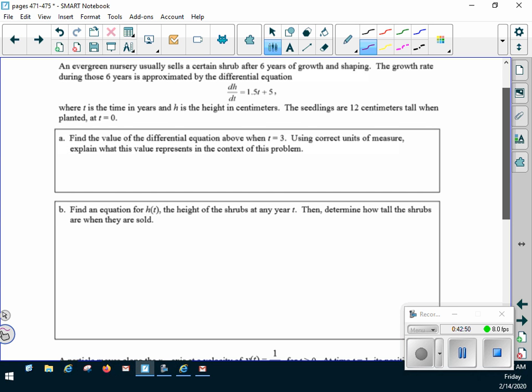I don't want you to freak out about differential equations because you see the term differential equation right here. A differential equation just means this is an equation that is the derivative of something. It's like saying this is f prime of x. So a differential equation just means that's the derivative of something.